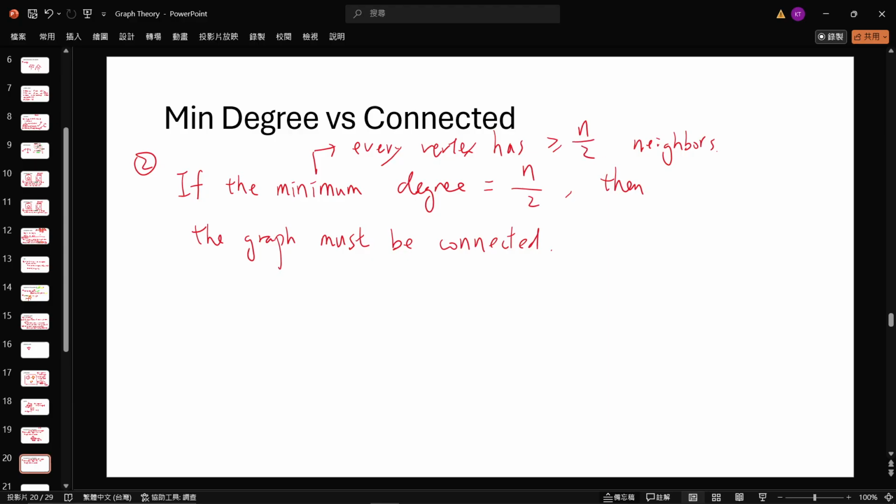So it's like if you consider social networks, then every user is a friend of like half of the nodes, half of the users in the social networks. Is this social network connected?